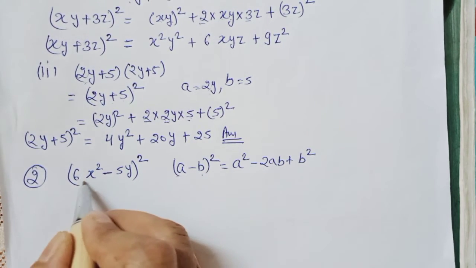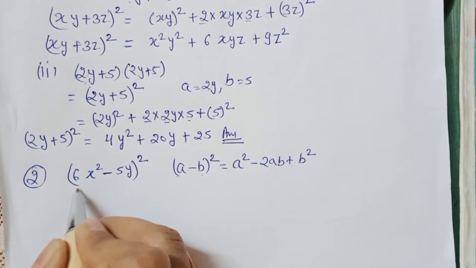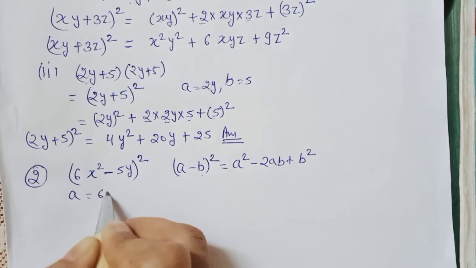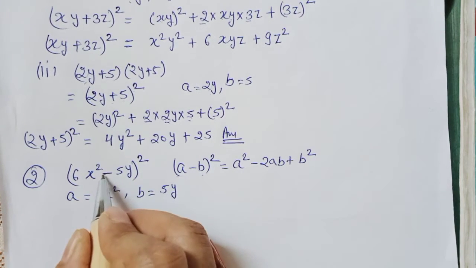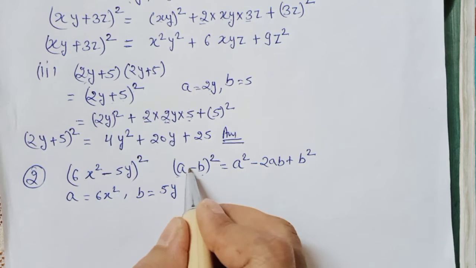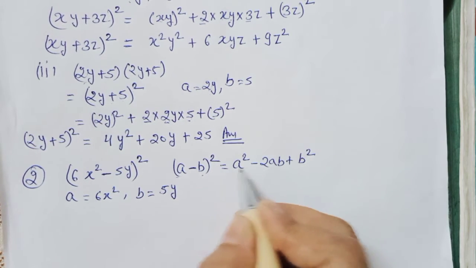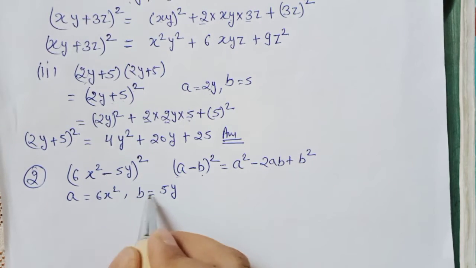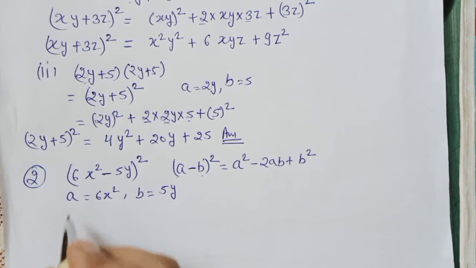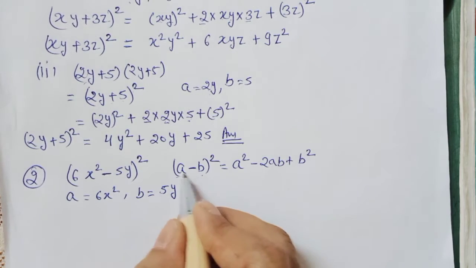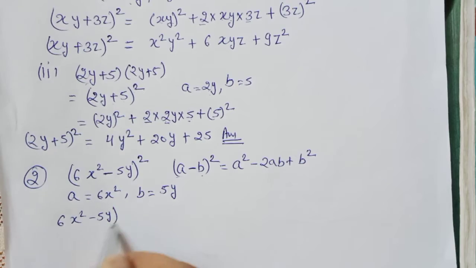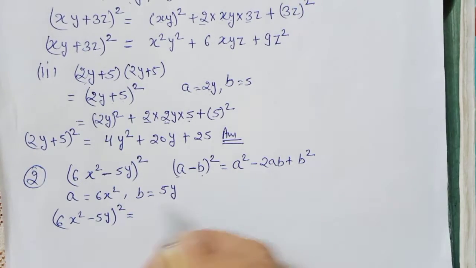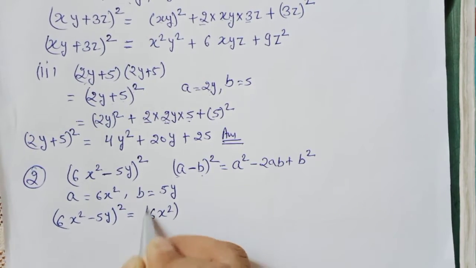Write down what a is in your polynomial. We have the expression where a is 6x square and b is 5y. We will not take this negative sign, because the negative sign with the square has its own formula, so we don't need to take this negative sign here. Now apply the formula. For (a - b) whole square, we have to write down the question first. a square, a is 6x square.